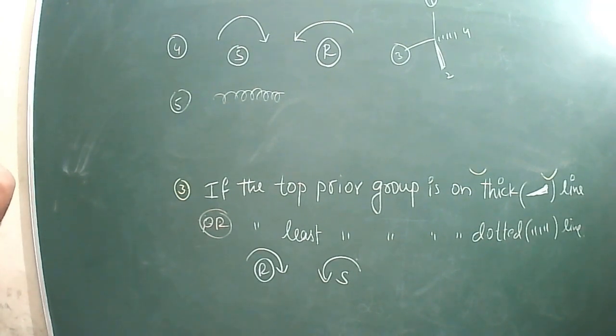Next, one more point. Top priority group and least priority group present in dotted line. This is very rare.